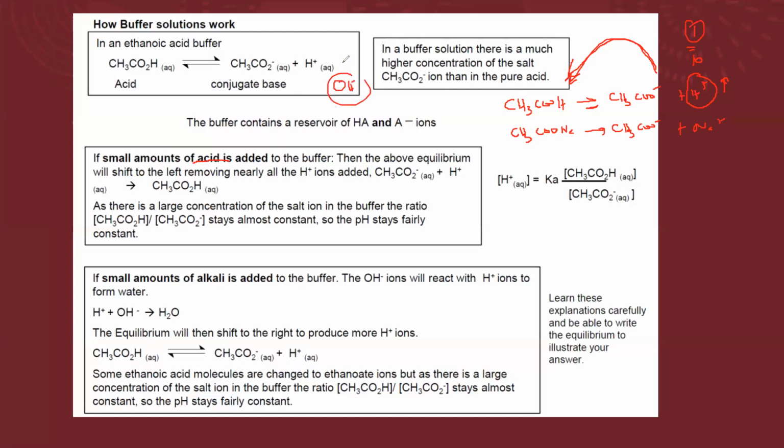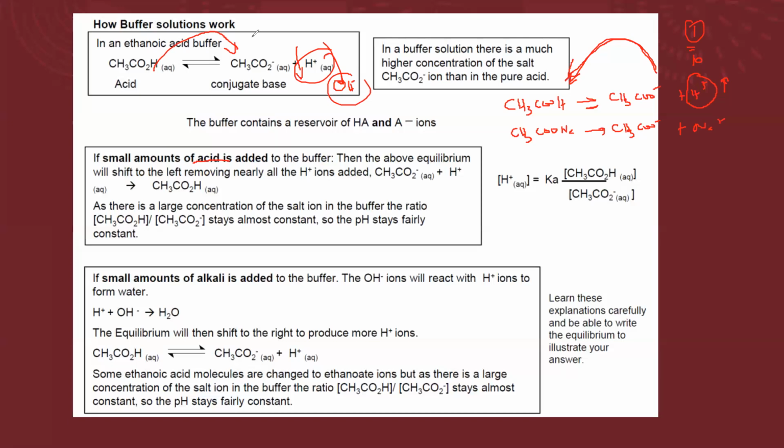That OH- ion reacts with hydrogen ion, so the amount of hydrogen ion will decrease. So the molecule will dissociate and form the same number of hydrogen ions, because we already have these ethanoic acid molecules, which are greater in number compared to ethanoate ion or hydrogen ion.